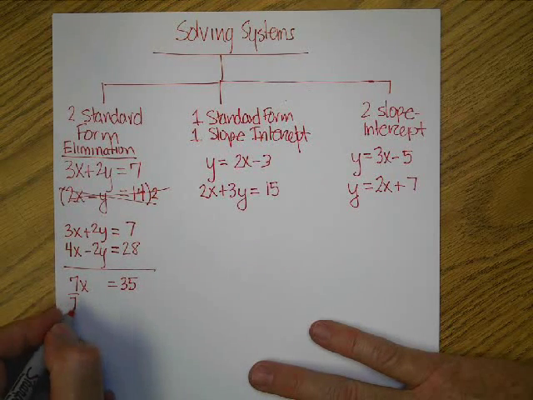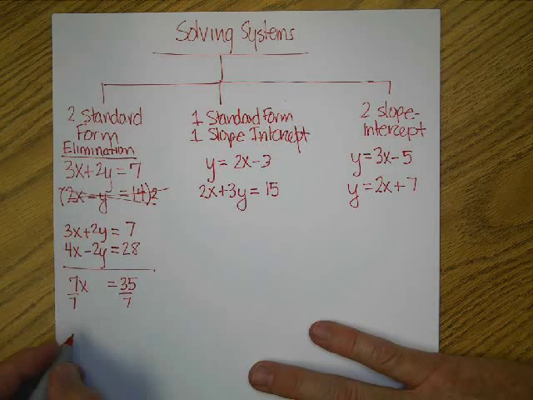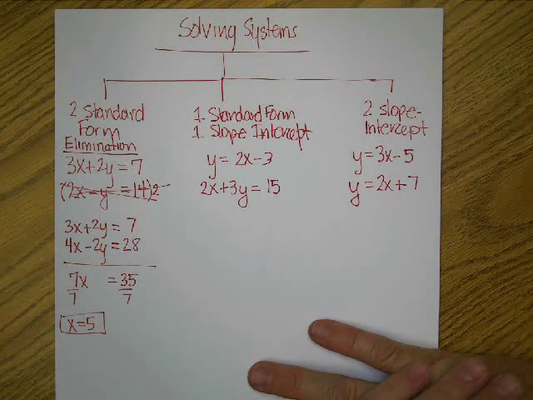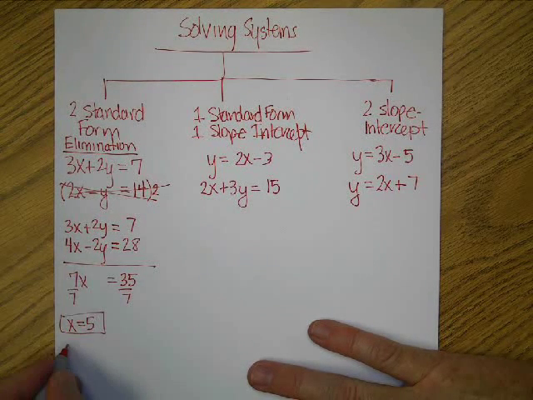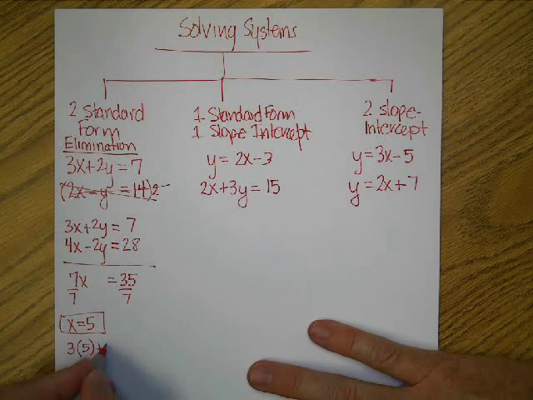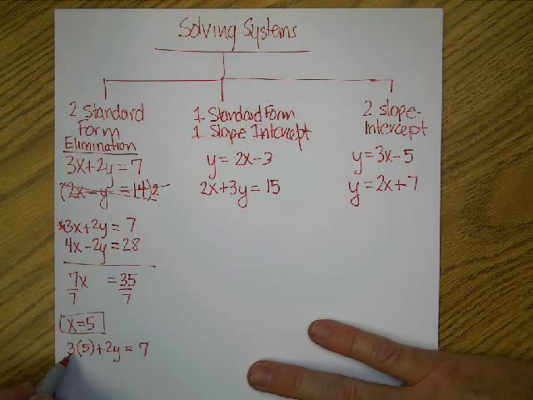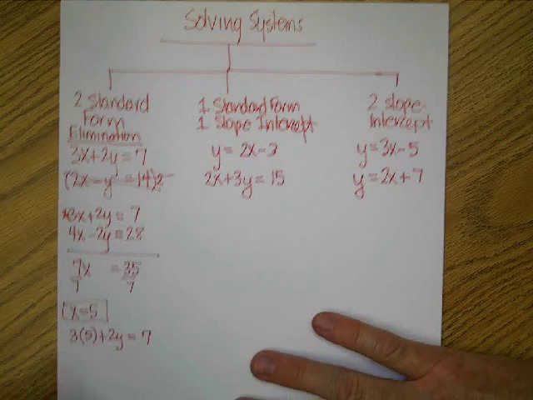Once we get here, we can divide by 7, and x equals 5. We're going to plug that back into our equation right here. So 3, instead of x, we put 5, plus 2y equals 7. I took this equation and replaced the x with 5.